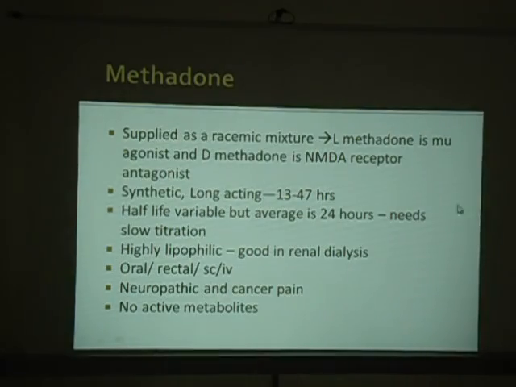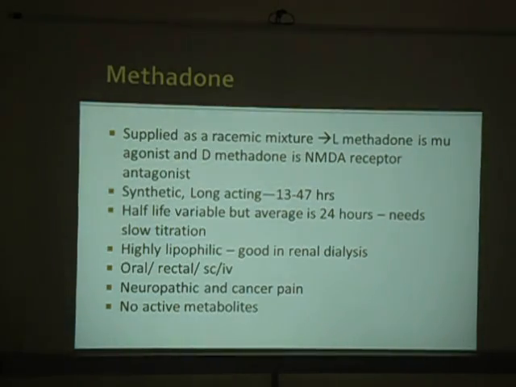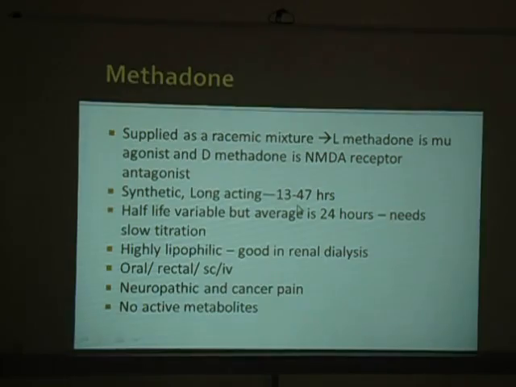It is supplied as a racemic mixture: L-methadone is a mu agonist, D-methadone is an NMDA receptor antagonist. It is a synthetic drug, long acting. We told that morphine's half-life is around 3 to 4 hours, but here it is long acting. Longer the drug is active, more will be the pleasurable effects, so less frequent will be the drug administration.